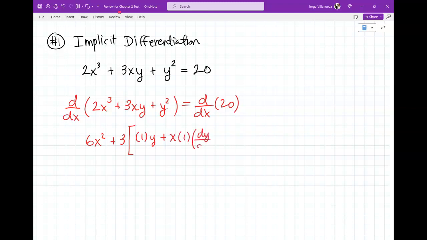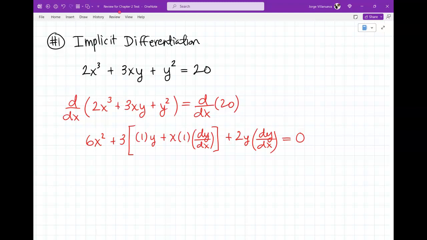That would be dy dx. So there's the product rule for xy. And then the derivative of y squared is 2y dy dx. That's equal to 0.